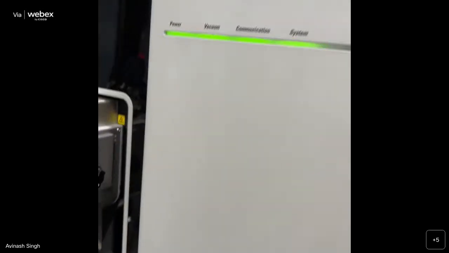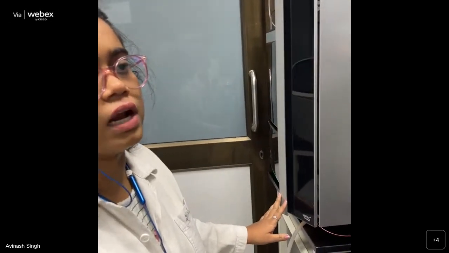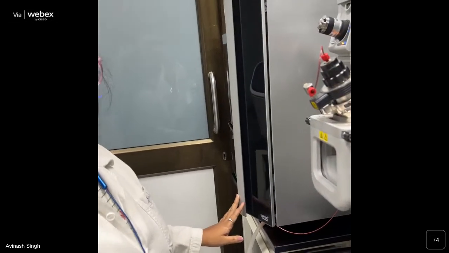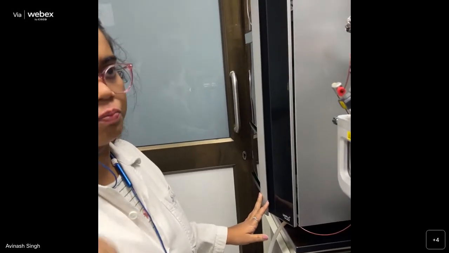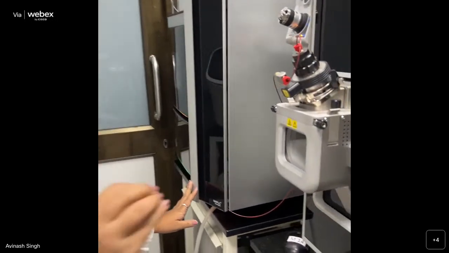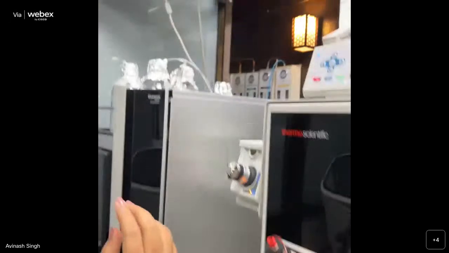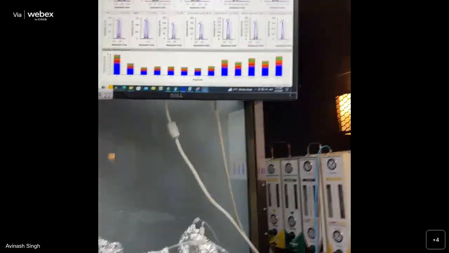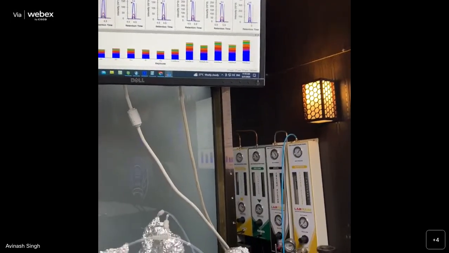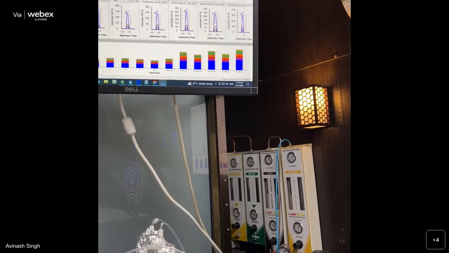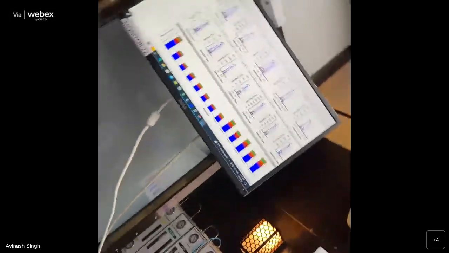Mainly the TSQ Altis is used for targeted analysis. In Fusion, you already know that we do discovery programs. From those we pick some of the protein targets and target them to validate our system. We run QC samples to show how day to day the samples vary on the instrument.